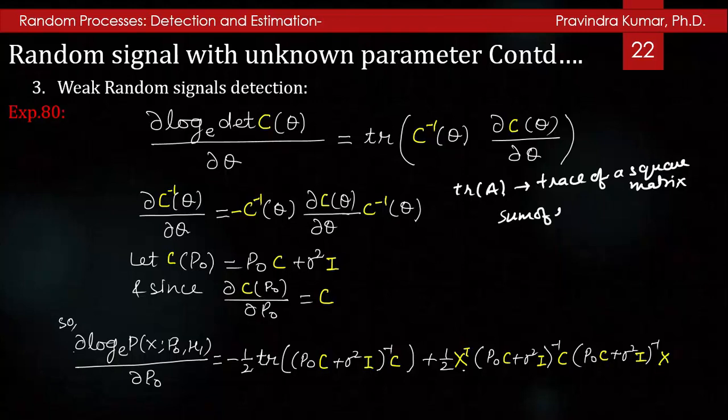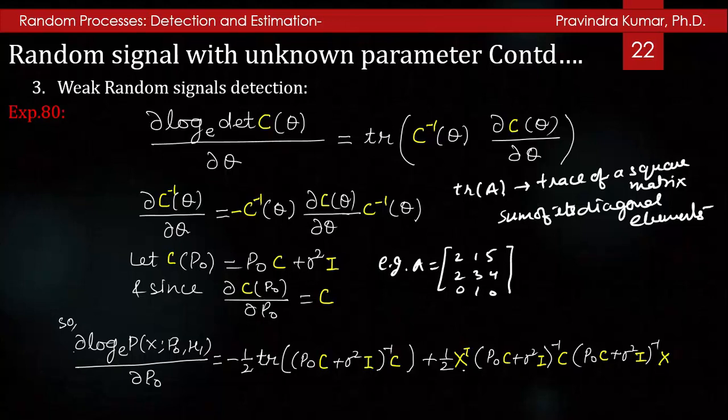For example, if A is equal to the matrix with rows 2 1 5, 2 3 4, 0 1 0, then trace A is 2 plus 3 plus 0, which is equal to 5.